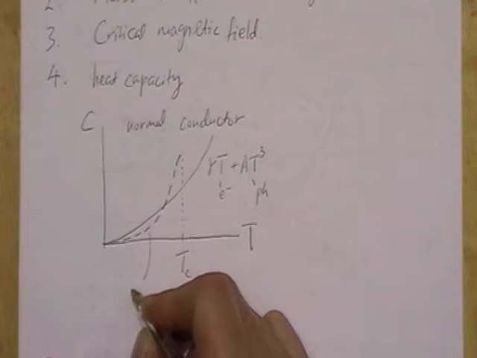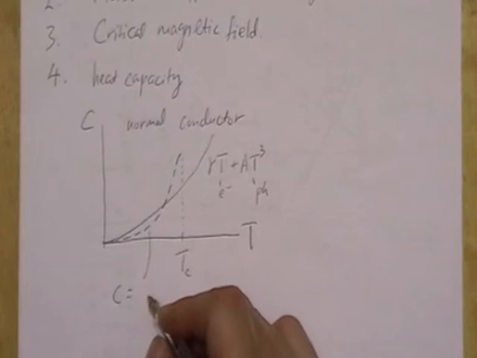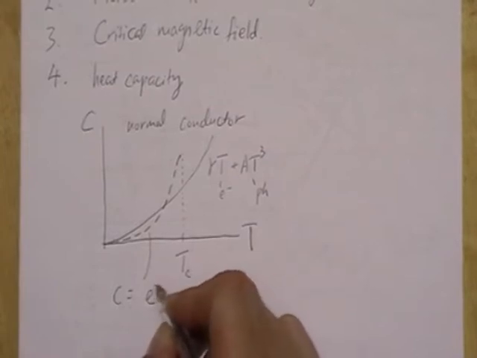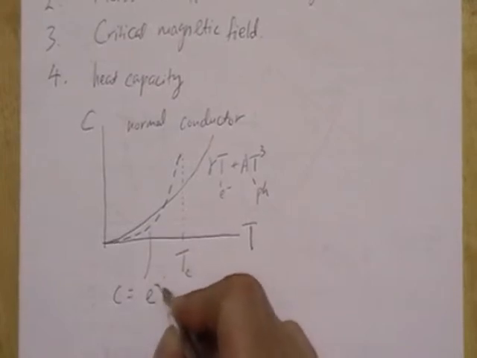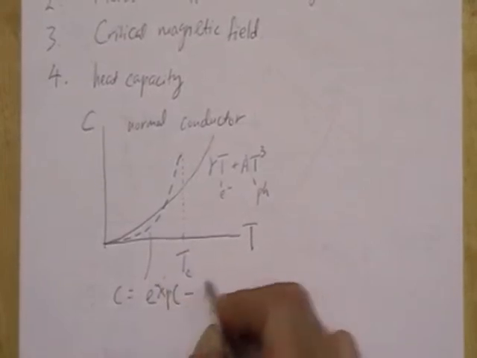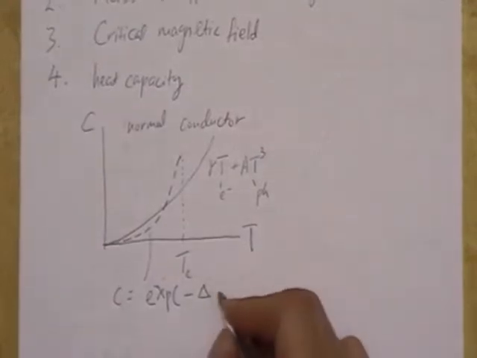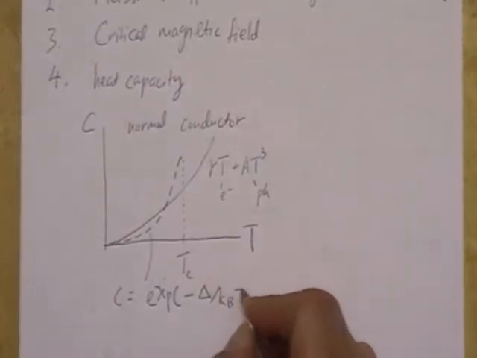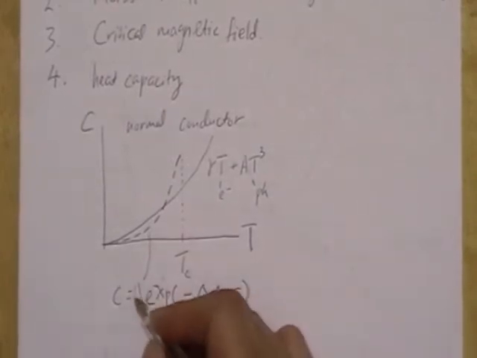that goes as C equals e to the power of minus, I'll call it exp bracket minus a certain number that I call delta divided by k_B T, and there could be a constant in front.